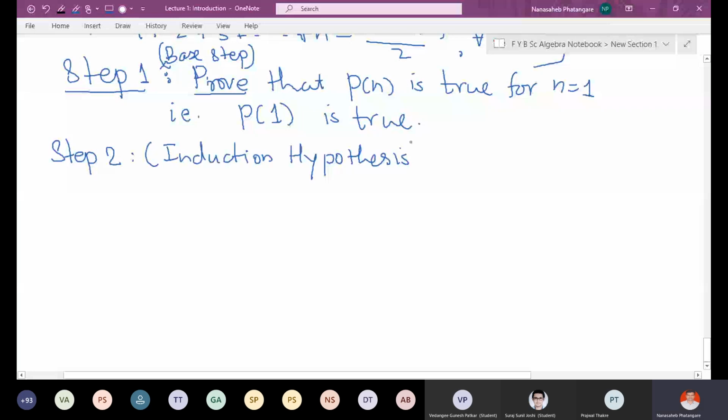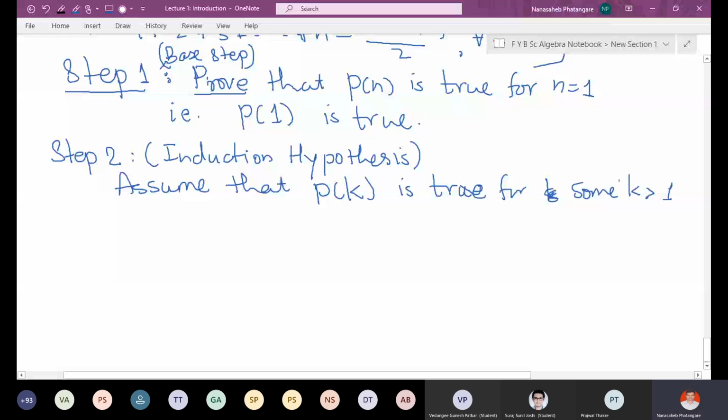Assume that Pk is true for some k greater than 1. Right? This is an assumption.